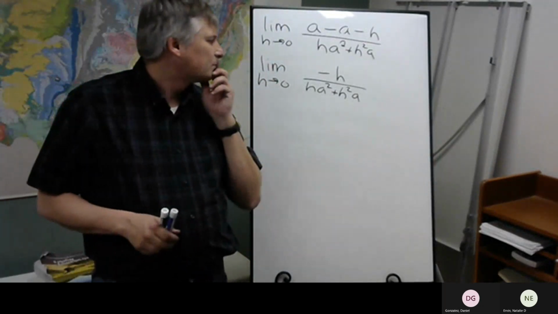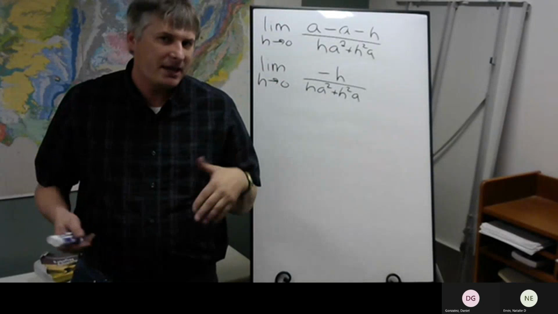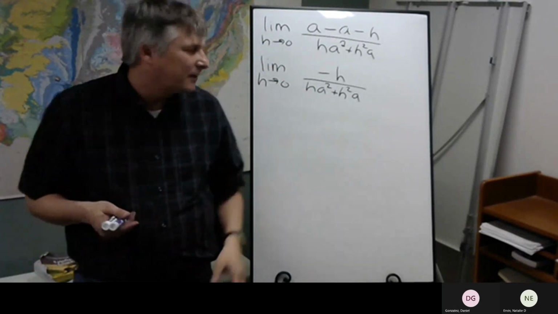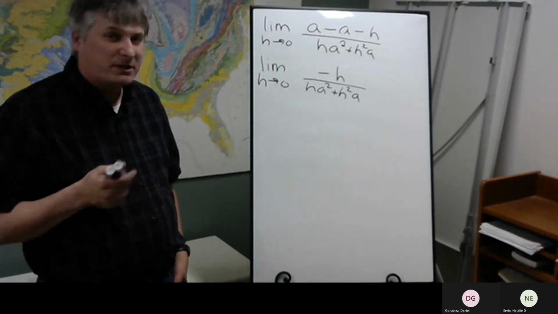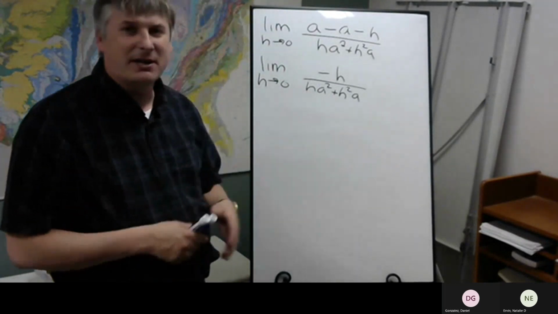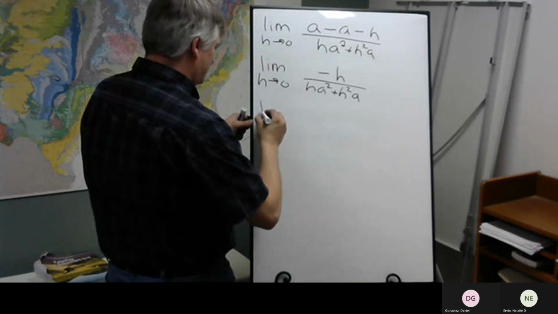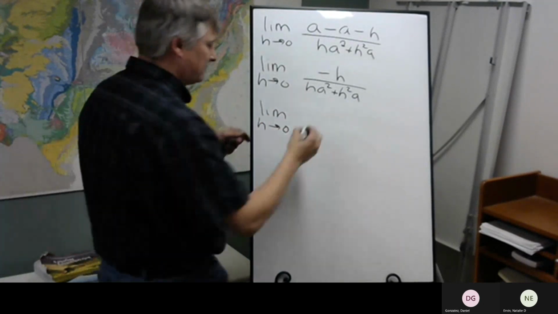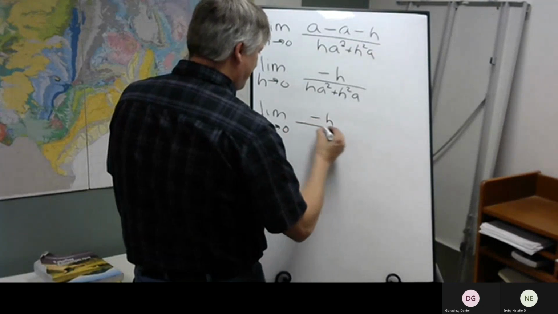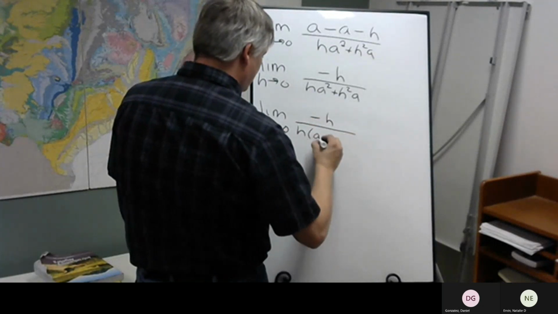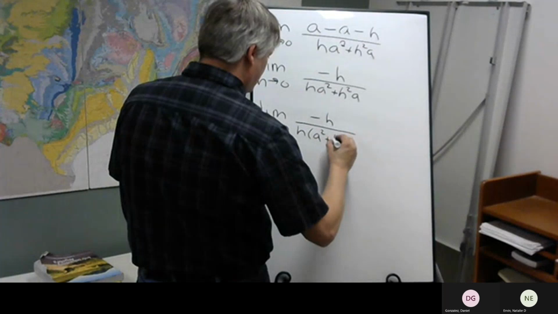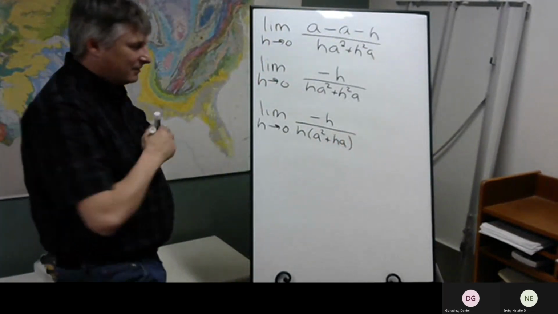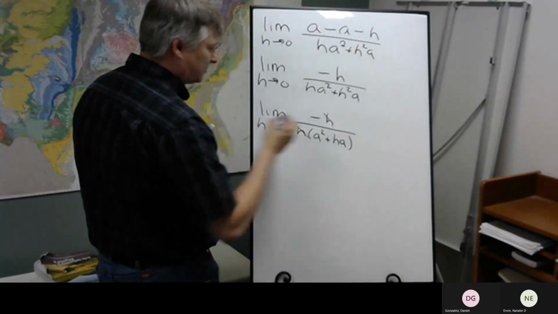So the danger here is if we let h go to 0, we're ultimately headed towards a division by 0. But what we can do is factor out an h. If we could get one term in the denominator to not be h, we're going to be in good shape. And so what will happen? Those will cancel.